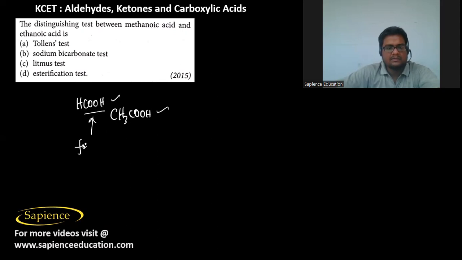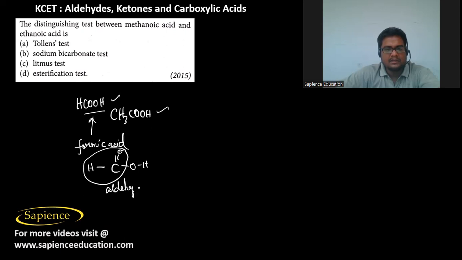Methanoic acid, or formic acid, contains the COOH group and also this H, so it can behave like an aldehyde also.